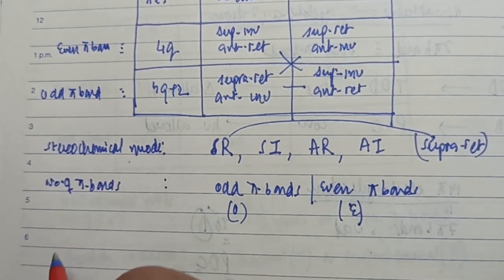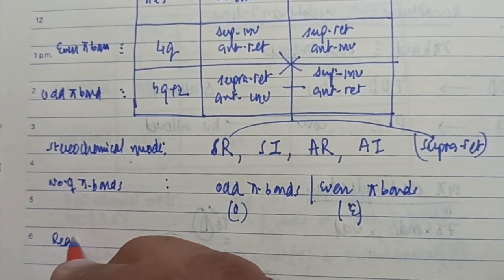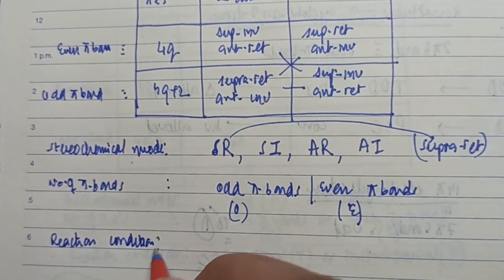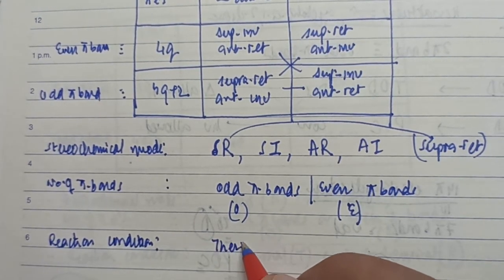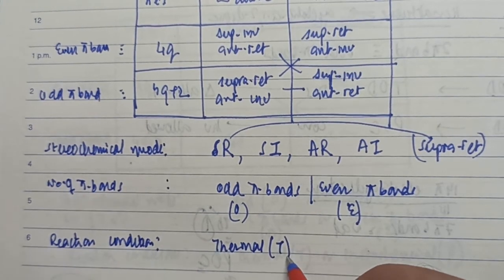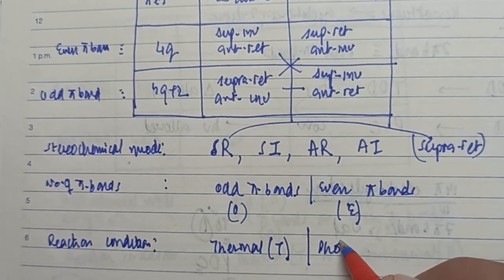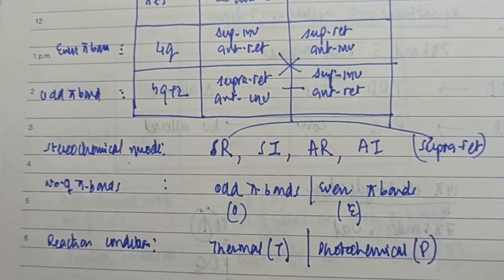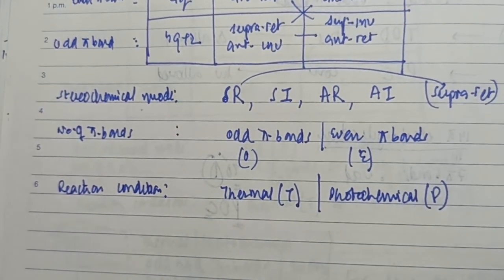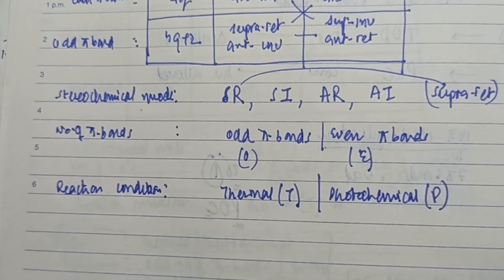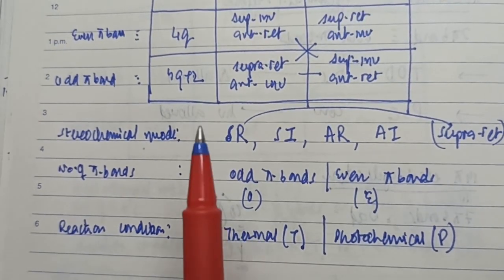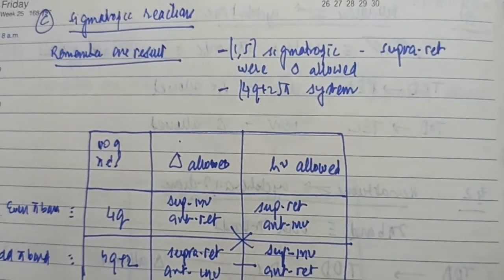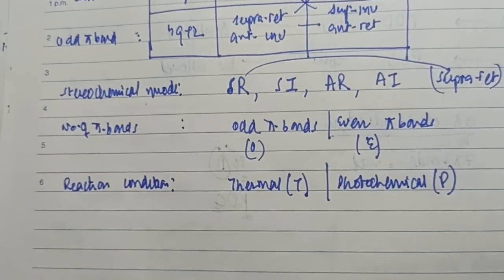And the third variable, which of course is the reaction condition. The reaction condition can be thermal, you can say T, or it can be photochemical, you can say P, right? So considering these 3 variables, let's try to write the result of this reaction, which we have referred to as the 1,5 sigmatropic shift, and create a formula, right?